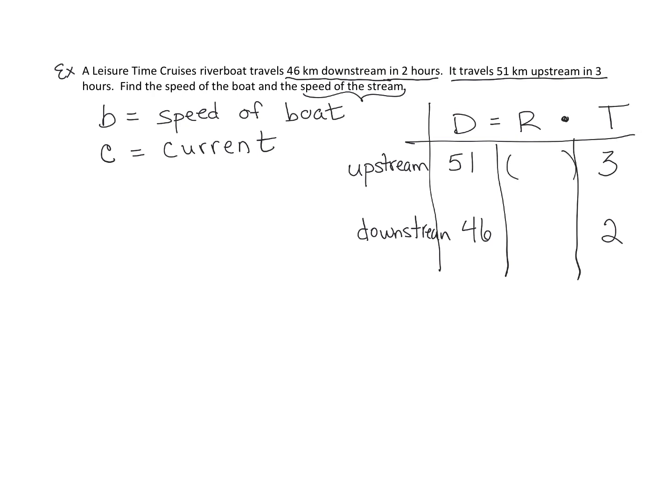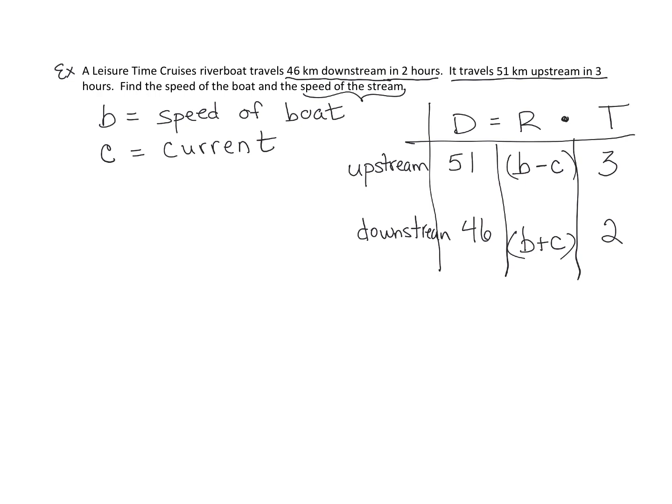Now, our rate is a combination. It's either the boat plus the current or the boat minus the current, depending on if we're going with the current or against the current. So when I'm traveling upstream, it's going to be the boat minus the current. And when I'm going downstream, the current is going to help me, so it's plus c.